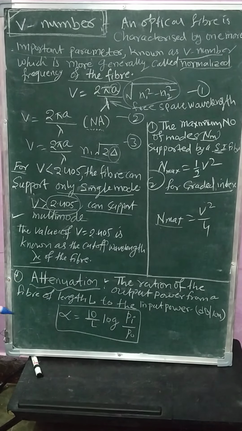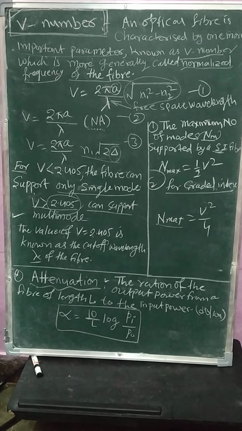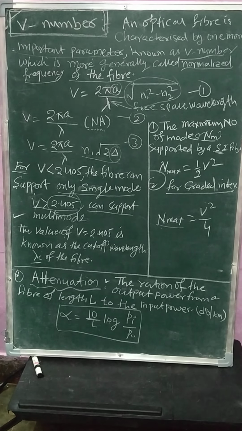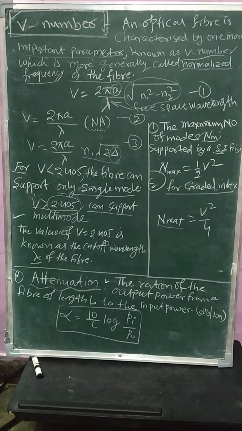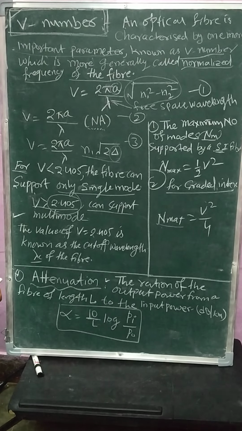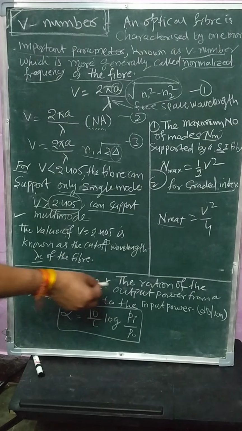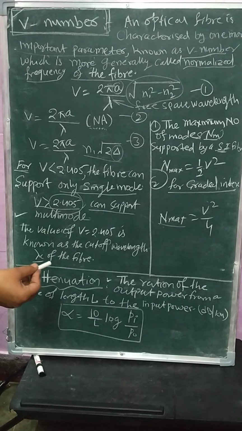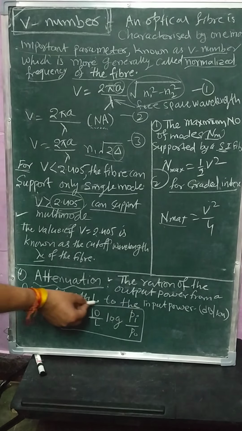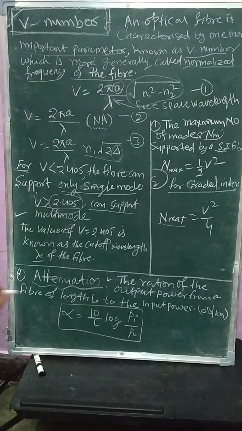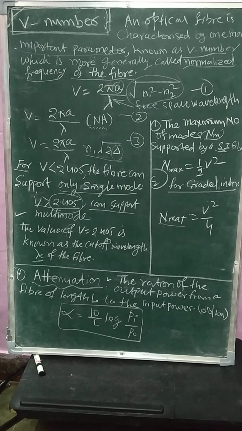And the next topic is attenuation. Attenuation is the loss of the fiber. So we discuss the last two points, attenuation and dispersion. Firstly, attenuation. Attenuation is defined as the ratio of the output power from a fiber of length L to the input power, in decibel per kilometer, that is dB per kilometer.